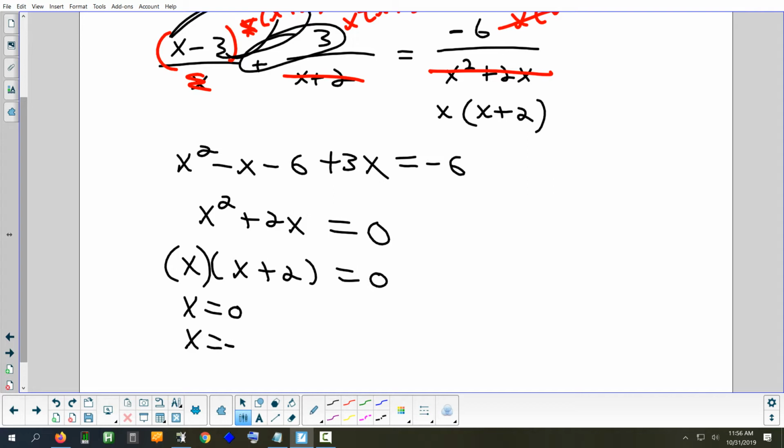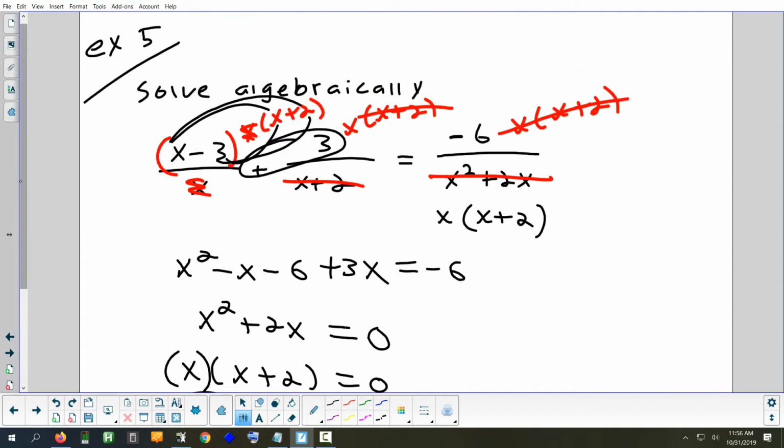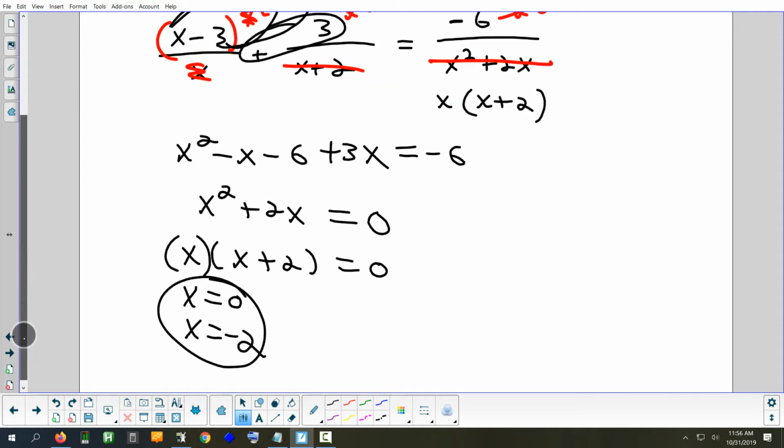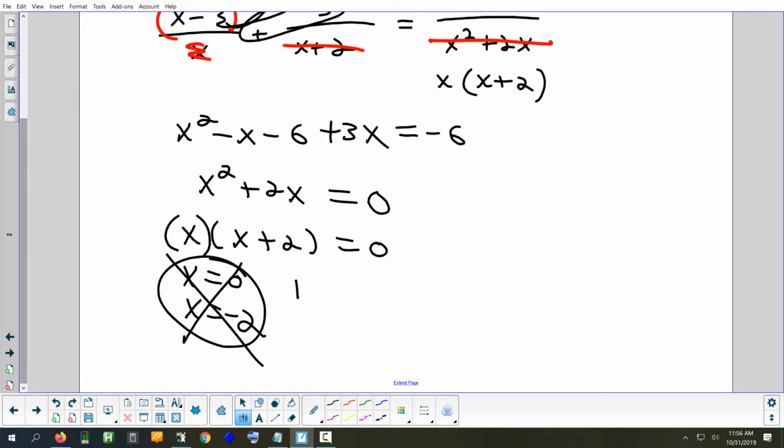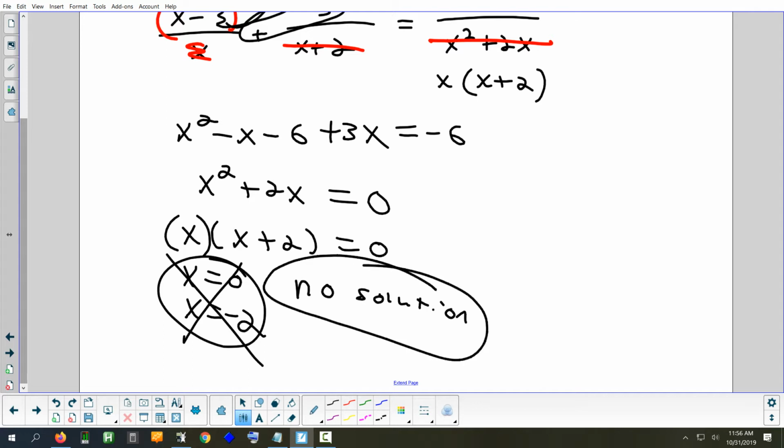Negative 2. 0 and negative 2 are my 2 answers. Let's check them. Can you plug 0 into the original problem? No. That would cause you to divide by 0. Can you plug negative 2 into the original problem? No. So that means there's no solution. It's impossible. You can't solve that one.